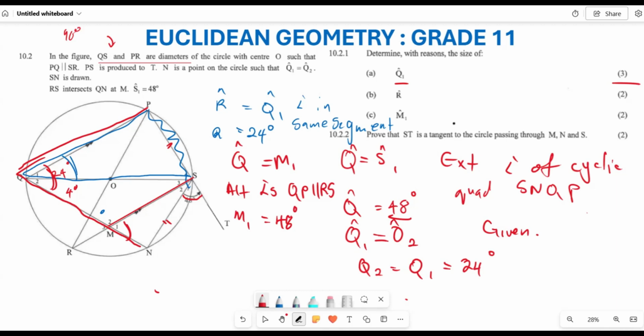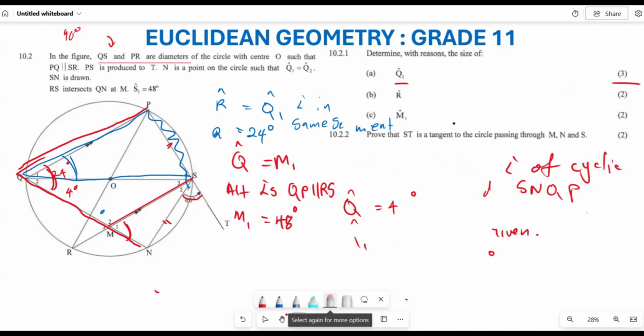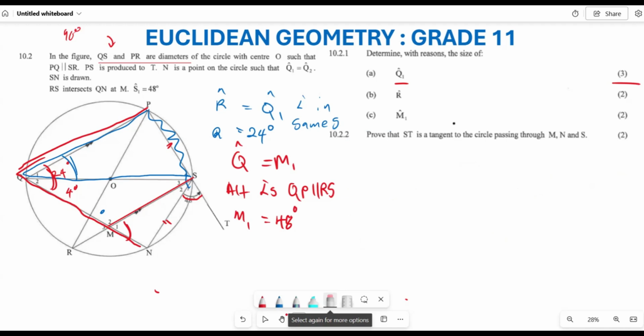Now let's look at the last question. What are we required to calculate in this last question? Here they want us to prove that ST is a tangent. As soon as I think of tangent, remember there are three theorems: the tan chord theorem, the tangent perpendicular to radius, and tangents from the same point.